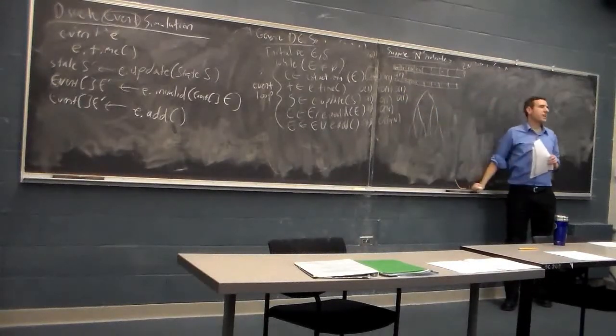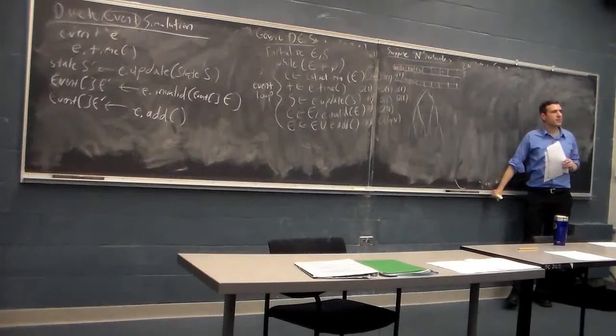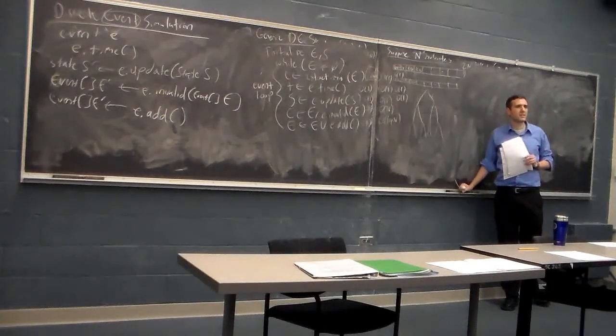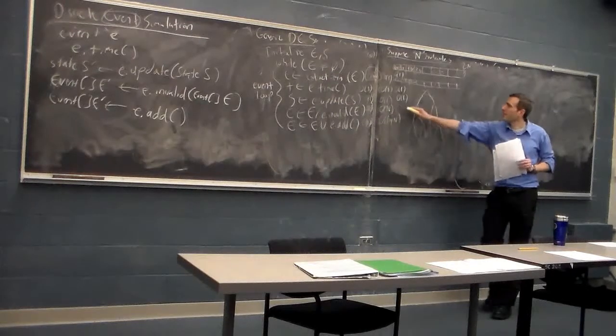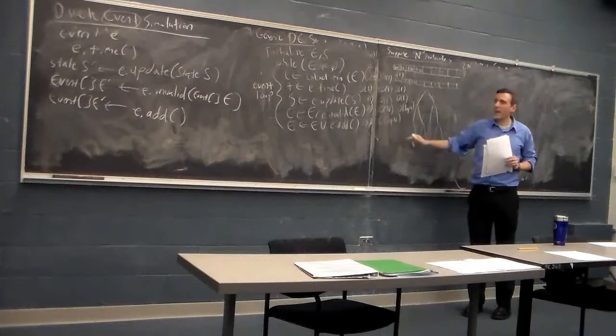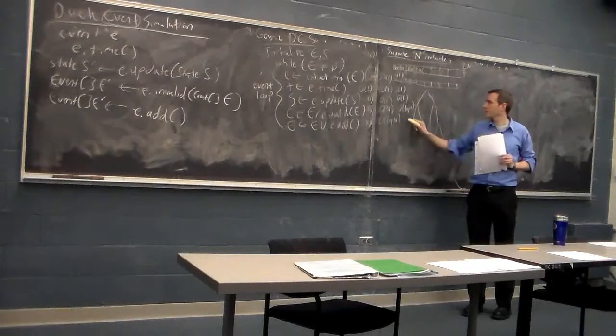What about invalidating events? Yeah, so it's going to be log n. And what about adding events? Yeah, also log n.